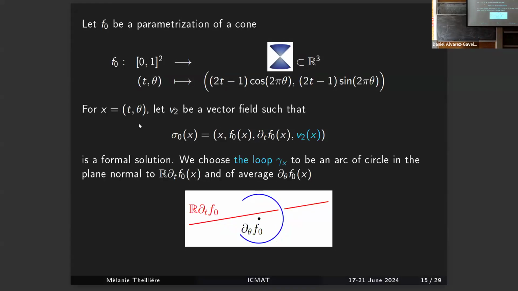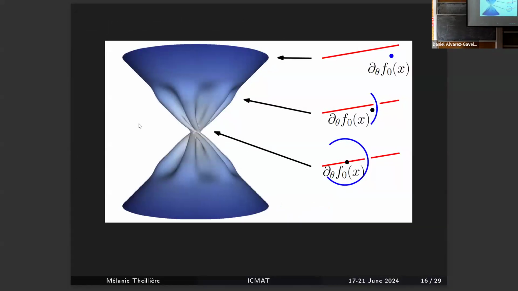Like we see in R3 except a line, we choose an arc of circle whose average is the derivative we want to modify, and we just send it onto the cone. So here on the cone, we see that we only remove the singular point locally.